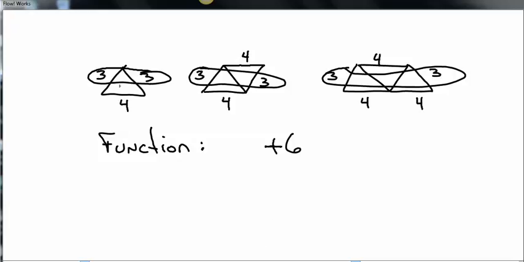How many triangles here? And how many 4s? How many triangles here? How many 4s? So isn't it 4 times the number of triangles plus 6 would give you the perimeter, wouldn't it?